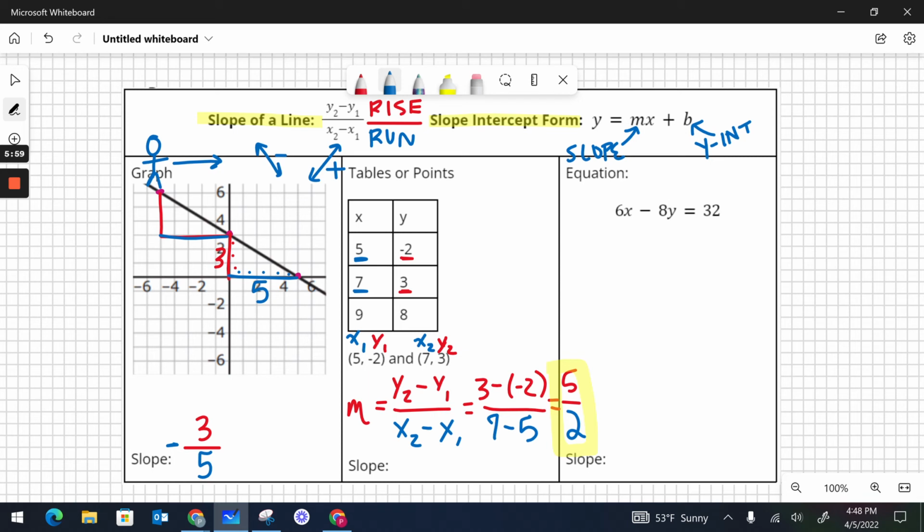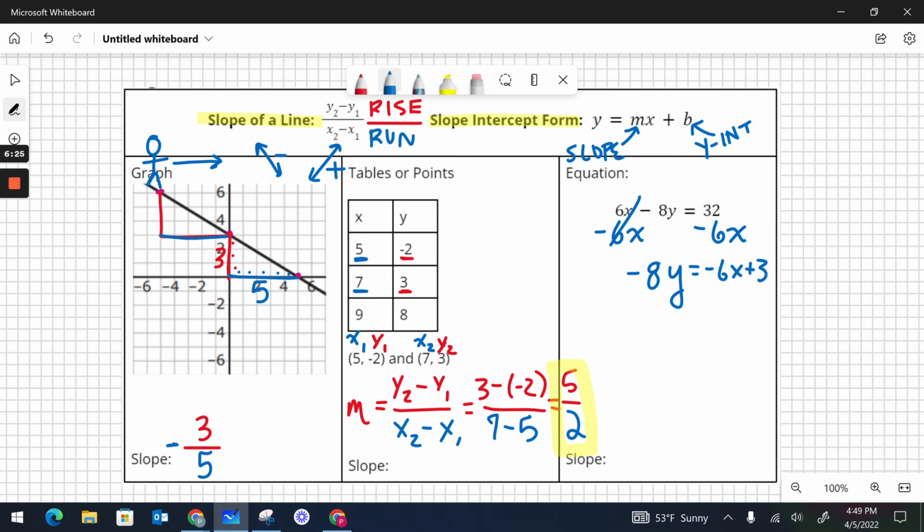So I'm going to first undo the positive 6x by subtracting 6x from both sides. So then on the left side of the equation, I'm left with negative 8y, because the 6x's canceled out, equals, and then I have negative 6x and the positive 32, so I'm going to write that as negative 6x plus 32.